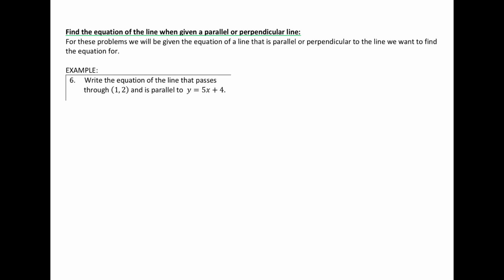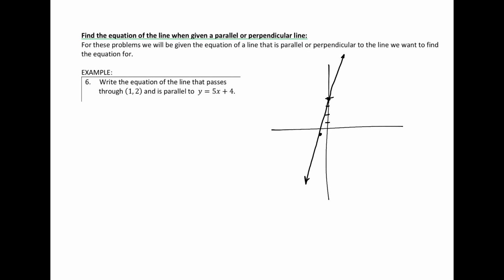Now in this part, this is where it gets one step more complicated. Okay, so basically, pretend that's a straight line. Okay, this is this line drawn out. I want to come up with the equation of the line that passes through 1, 2, and is parallel to this.